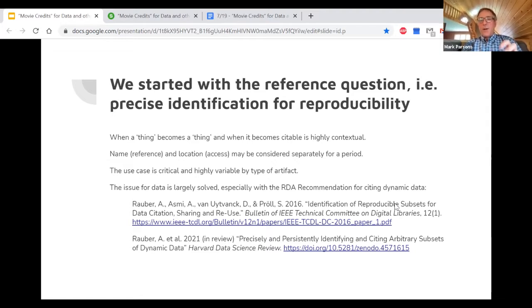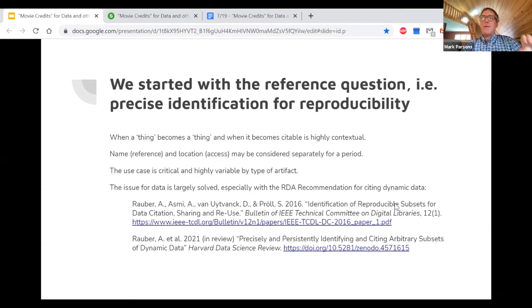And furthermore, the name of that thing, the actual reference, the identifier, if you will, and the location, the access point, sometimes don't work in conjunction with each other until hopefully they're ultimately pulled under a referenceable persistent identifier, typically a DOI. And so the use case, how this is being done, is really critical for the different types of artifacts. And we sort of stopped there for most of the artifacts, except for data, which is, I think, sort of our favorite.